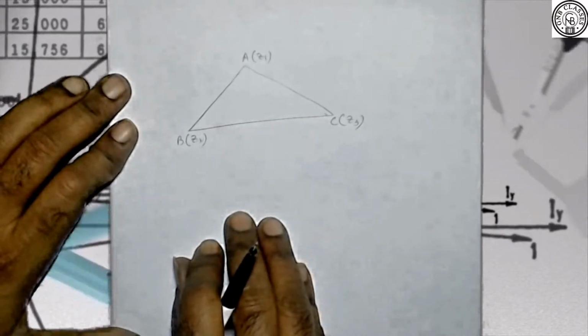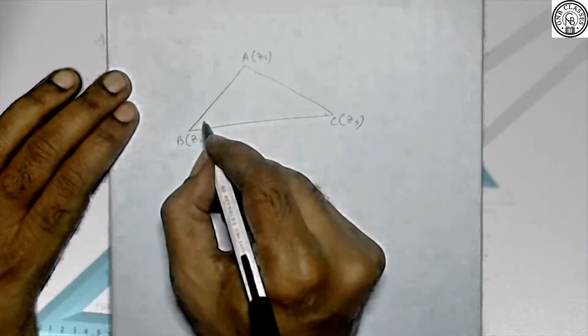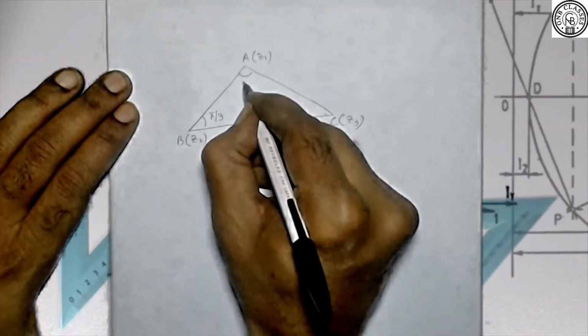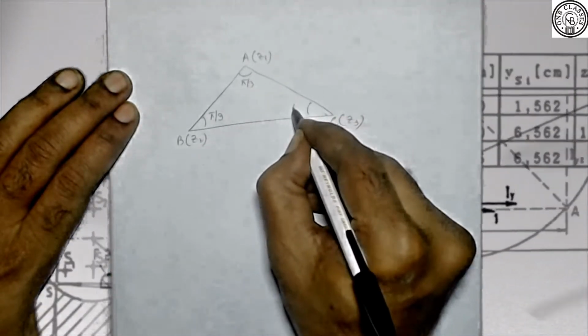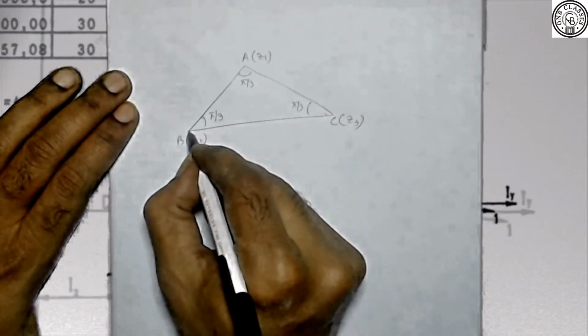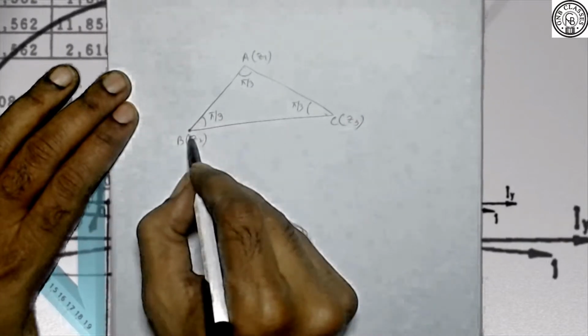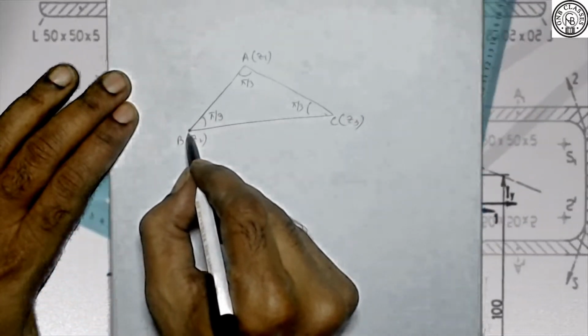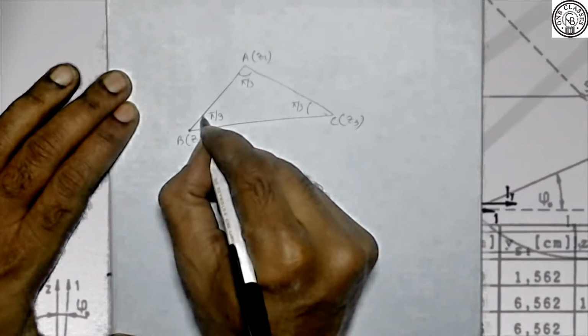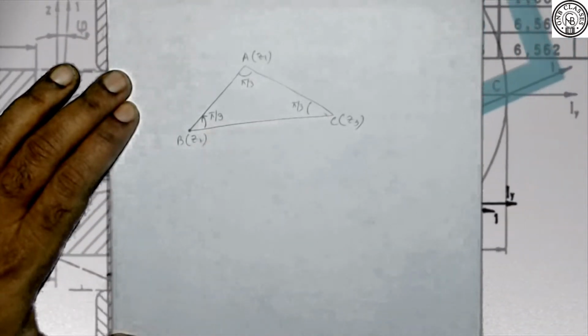Again, I am telling you, ABC is an equilateral triangle, meaning all these angles are 60 degrees, right? Now you choose any point here. Let me choose this point, and we will apply the rotation theorem at this point. The angle measured in the anti-clockwise direction is this way.